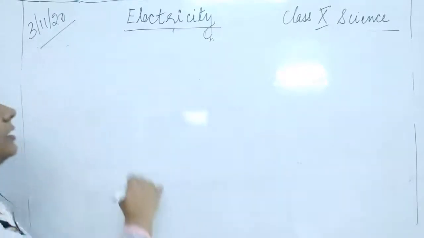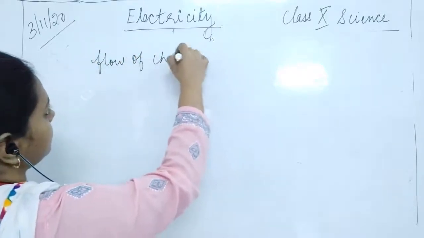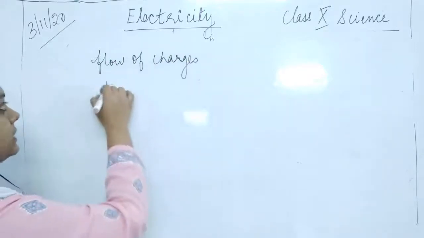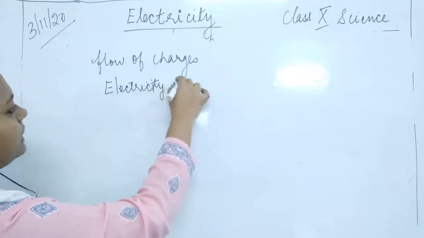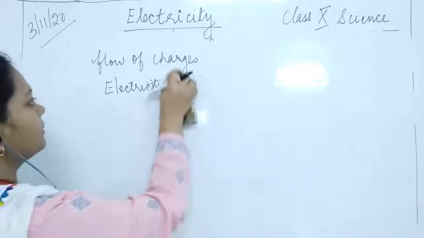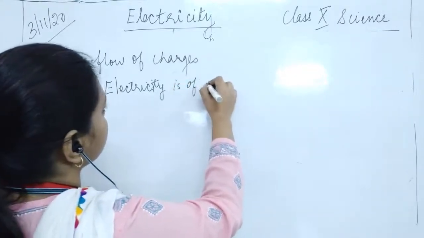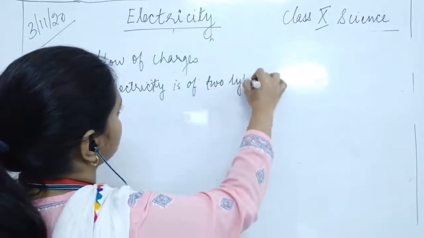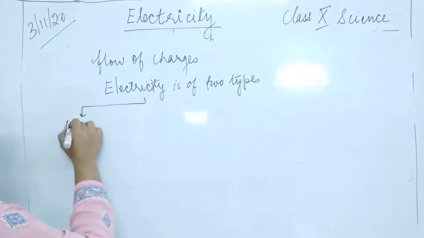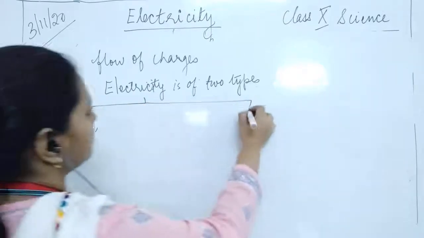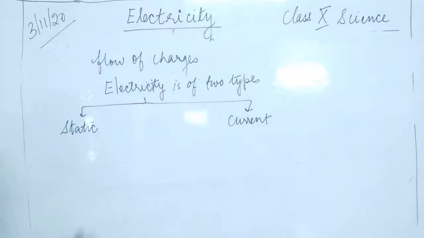Now based upon the flow of charges, electricity is of two types. कौन से दो टाइप्स हैं? स्टैटिक इलेक्ट्रिसिटी एंड करंट इलेक्ट्रिसिटी.